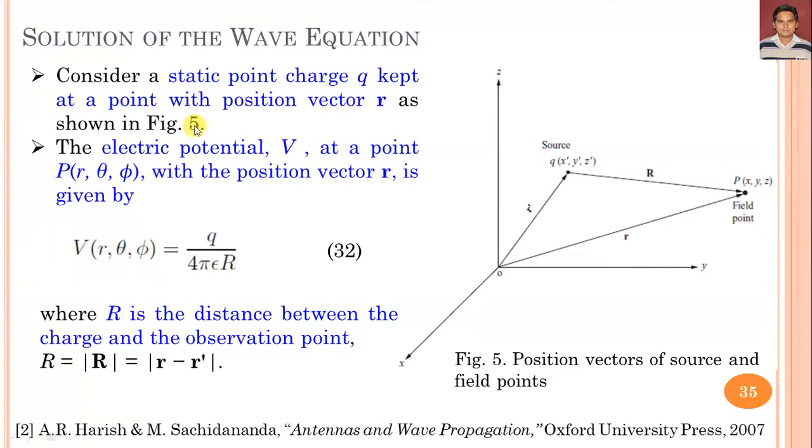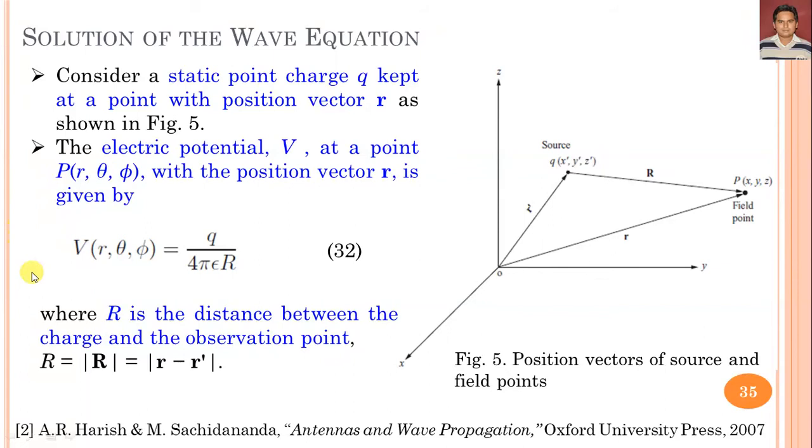To understand the process of solving the wave equation, we have considered a static point charge q located at a position x dash, y dash and z dash, and we need to calculate the field at a point P x y z, or we can say P r theta and phi, with the position vector r. Using electrostatic theory, V r theta phi is equal to charge q upon 4 pi epsilon r.